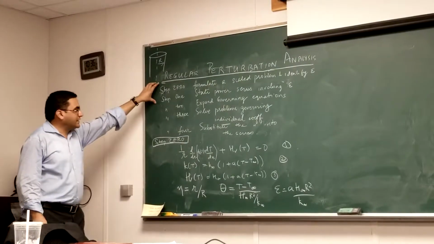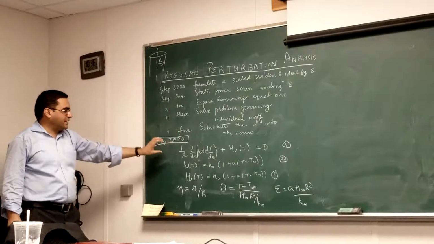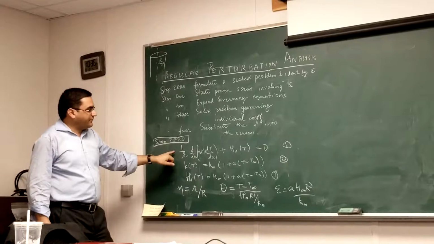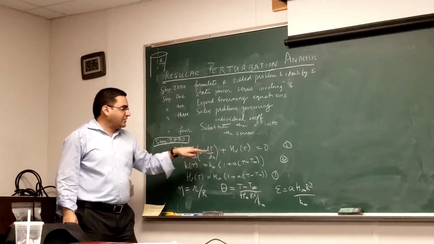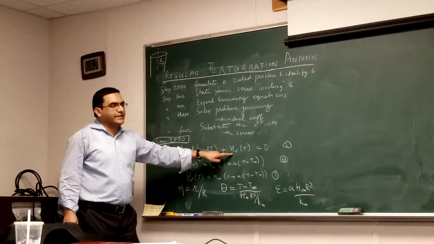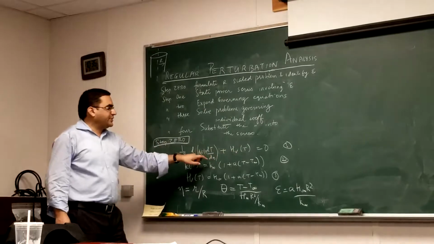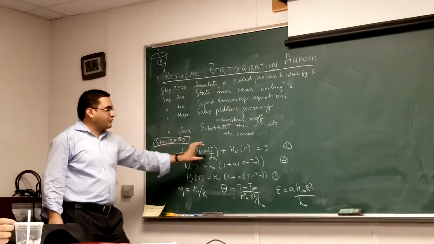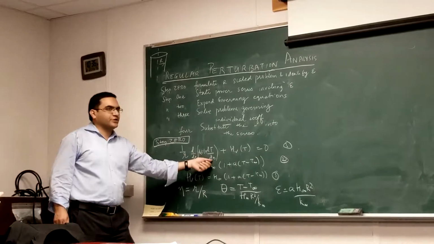Now in this context, the first thing we realized yesterday is that in real life, both the thermal conductivity and the heat source term can be temperature dependent. And if they are temperature dependent, then it makes this equation a nonlinear equation, because k depends on temperature, and temperature depends on r.